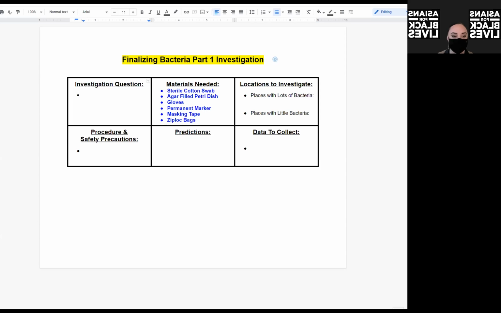And what are we trying to figure out or answer by having me go around to different places and swab for bacteria?